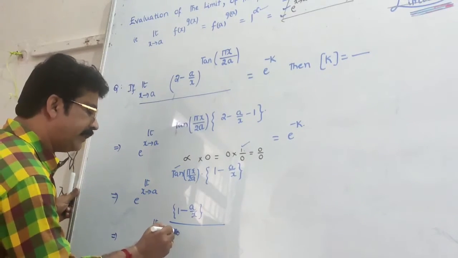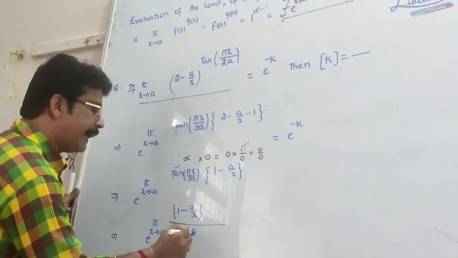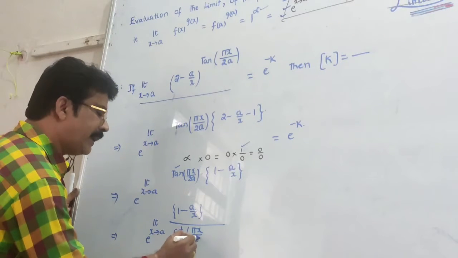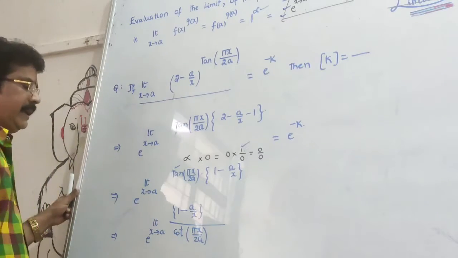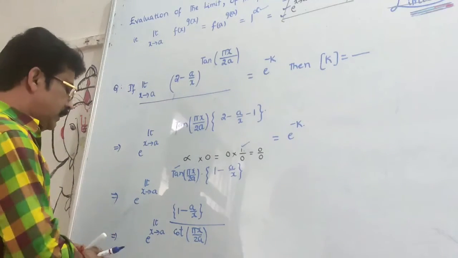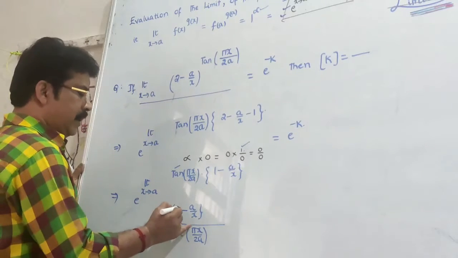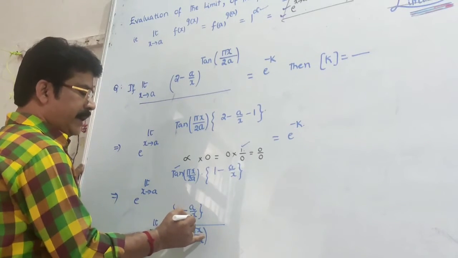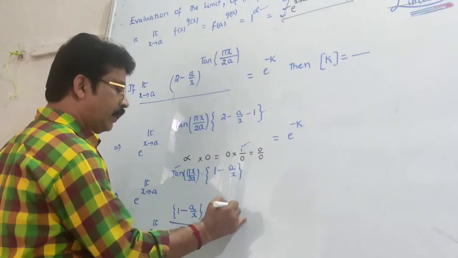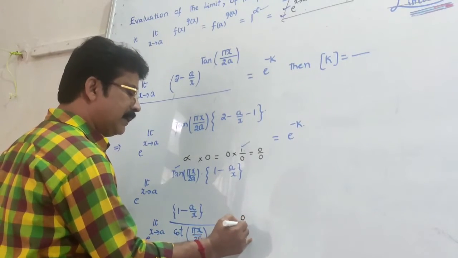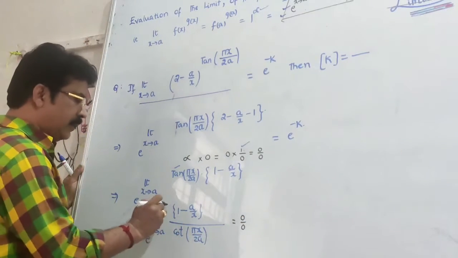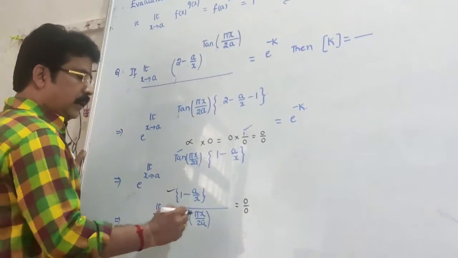So therefore it is cot of pi x divided by 2a, just like that. Now it became limit x extends to a, x equal to a, a by a is 1, 1 minus 1 is 0. It is 0 by 0 form.